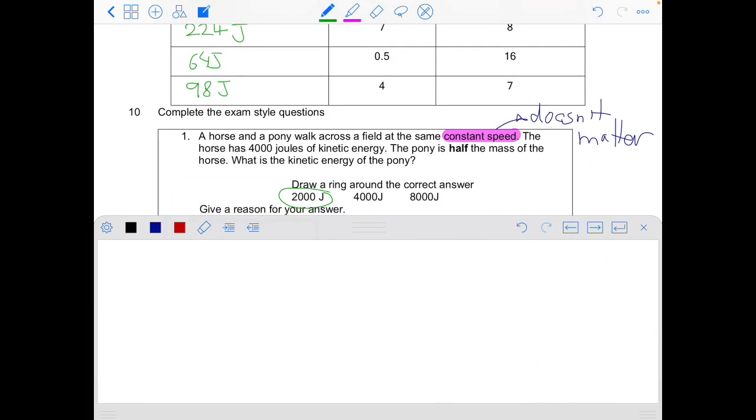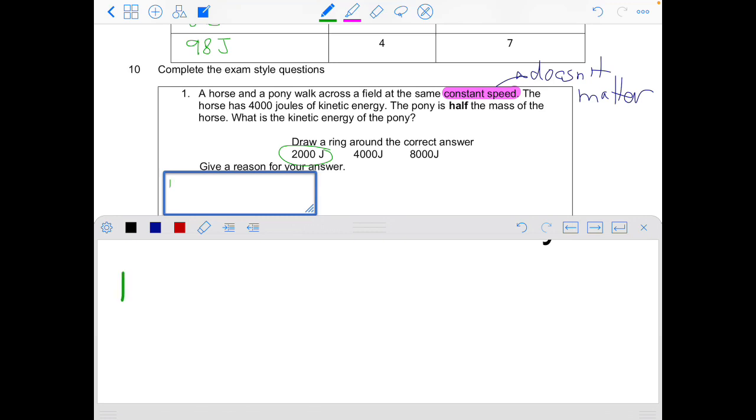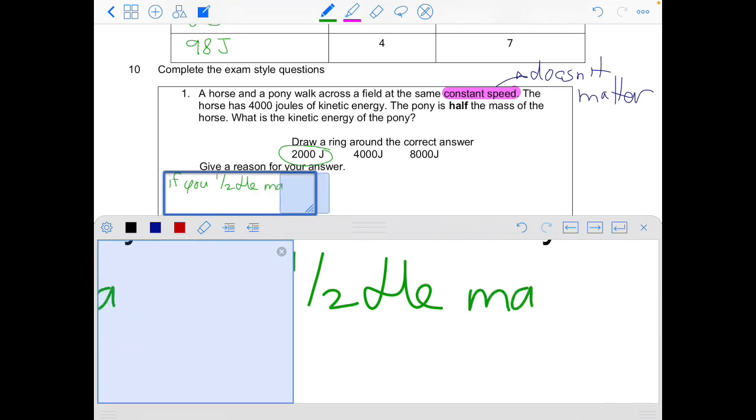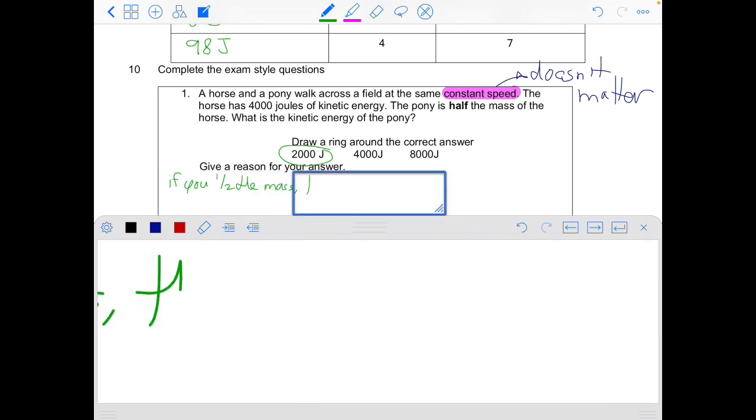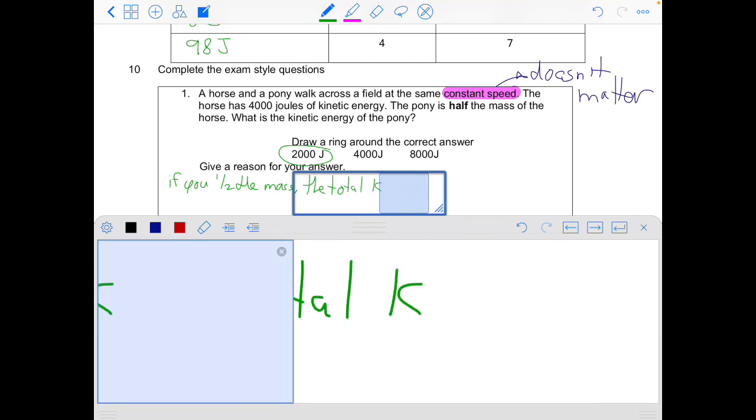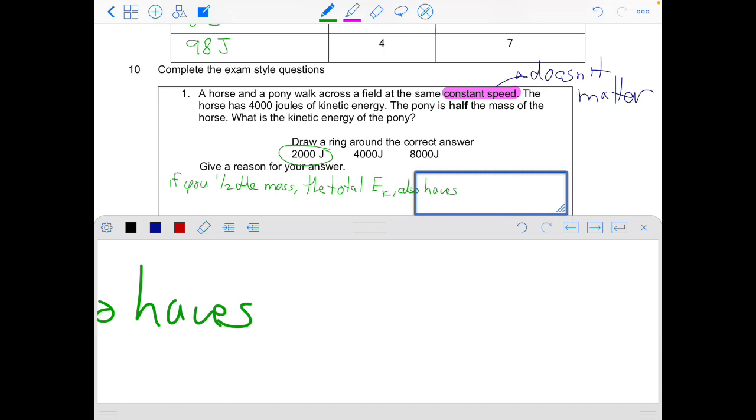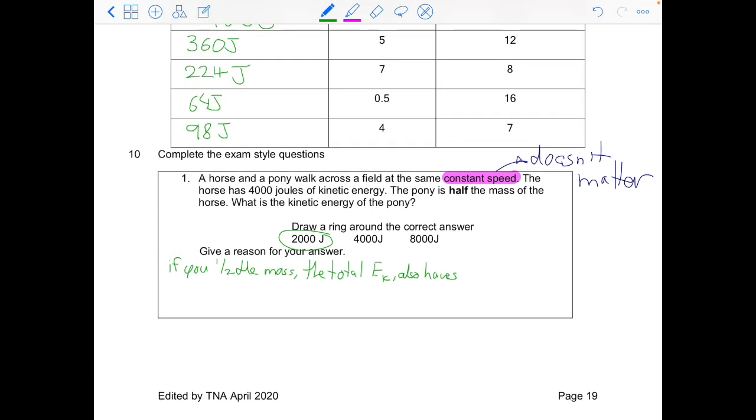And the reason why, if you half the mass, the total kinetic energy also halves. So that is the reason we're looking for there for that one.